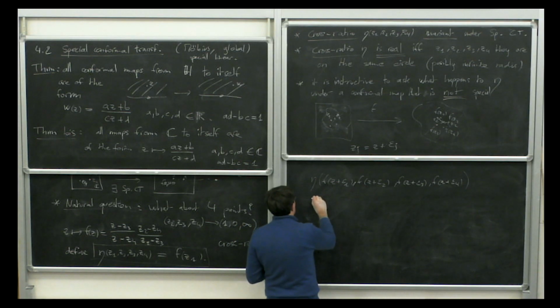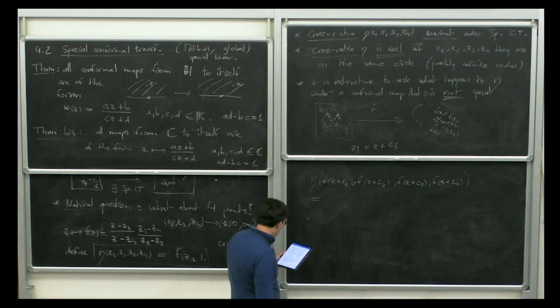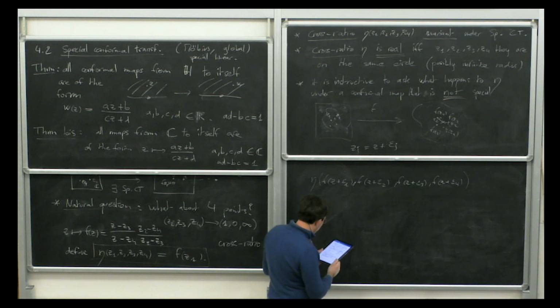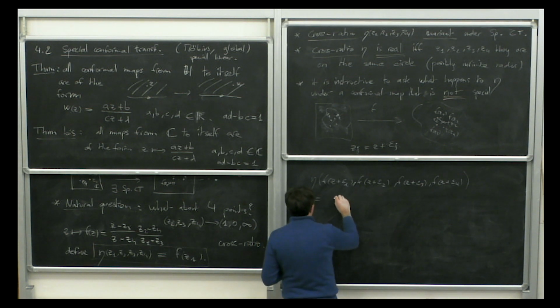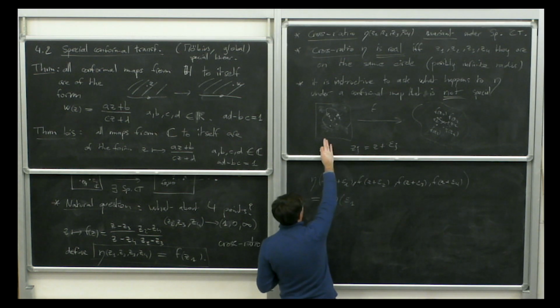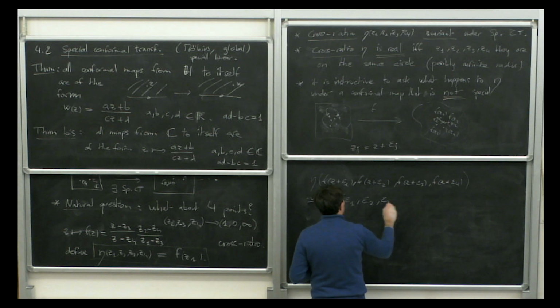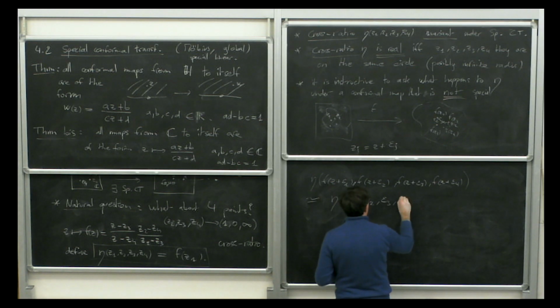Okay, and for 4 points that are nearby, it's not difficult to see that this should not be far from the cross ratio of the 4 original points. So it should be approximately equal to the cross ratio of epsilon 1, epsilon 2, epsilon 3, epsilon 4.